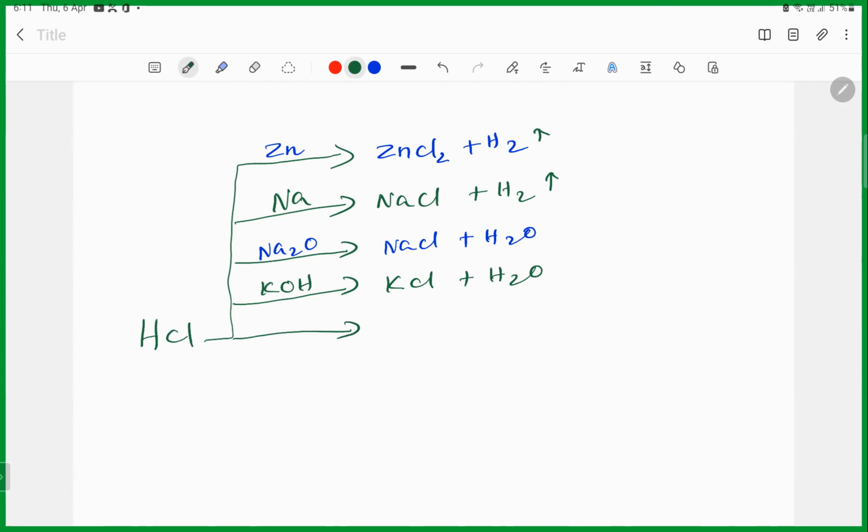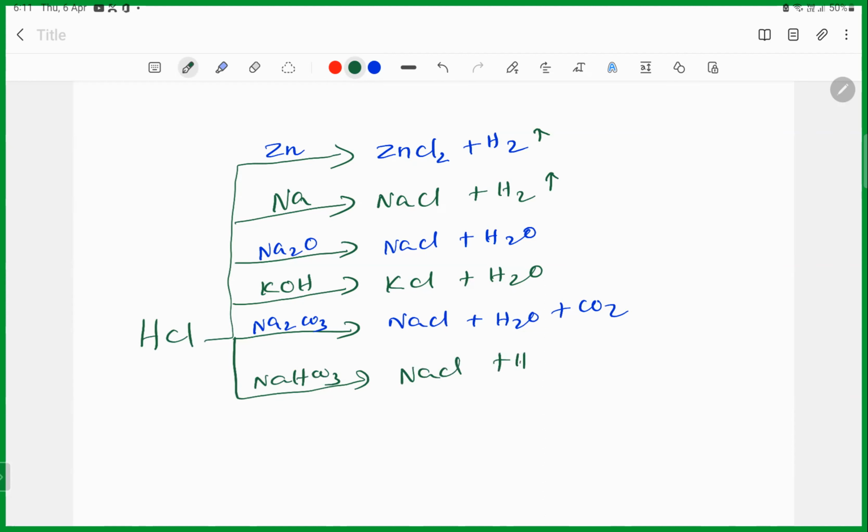When it reacts with Na2CO3, it gives NaCl plus H2O plus CO2. Suppose it reacts with NaHCO3, it gives NaCl plus water plus carbon dioxide. So the equation is not balanced, right?